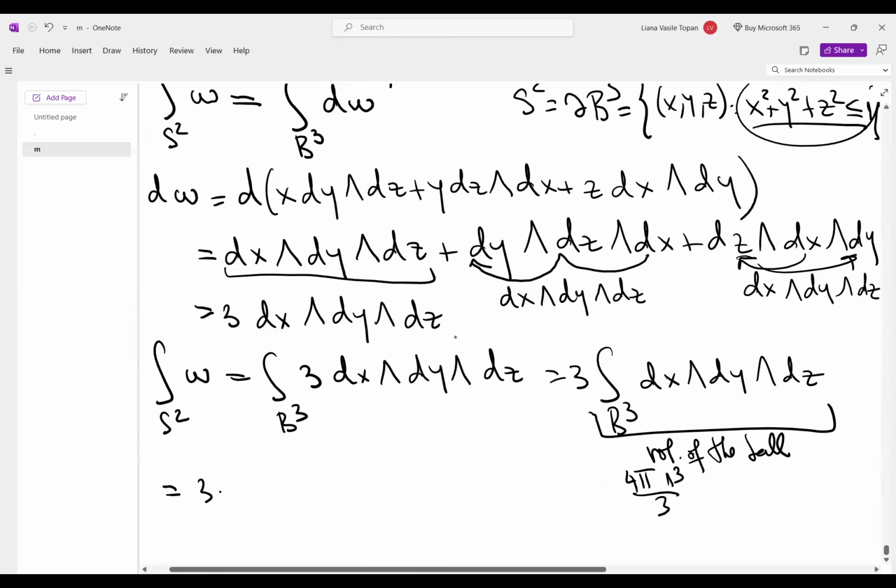So this integral will be 3 times 4 pi over 3, which is 4 pi. Do I have mistakes somewhere? No, I think that's fine, right? Yeah.